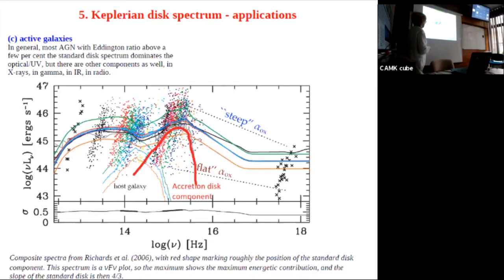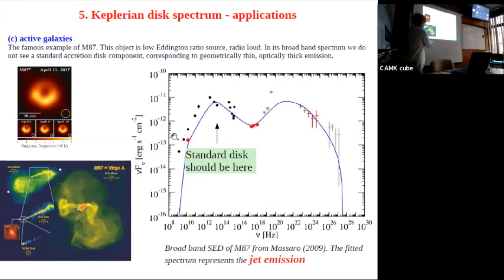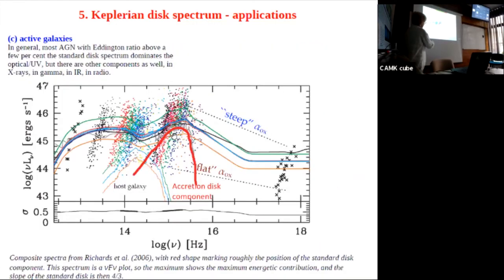On the other hand, if you look at some other objects, and this is a larger range of composite spectra from Richards et al., you see that, well, this should be the accretion disk component. And again, this should be the accretion disk component, close to 15 in those units.